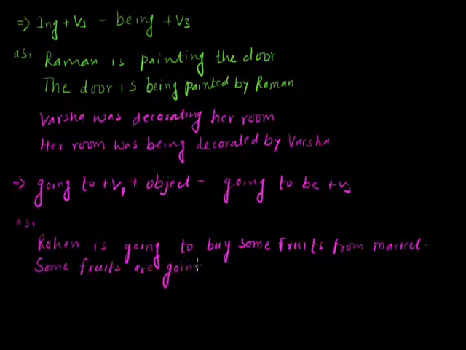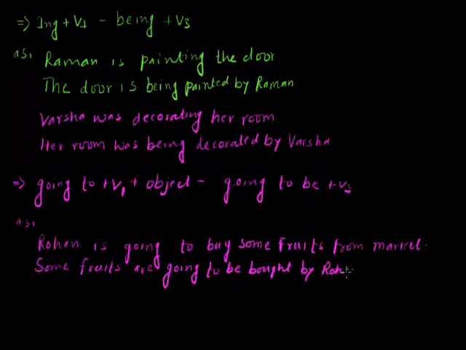We do not use being; if going to is given in the sentence, then be will be added after going to, then the third form bought of the first form of the verb buy will be used, then by, then the doer of the action, that is Rohan, and then the remaining sentence, from the market. So the sentence will be: some fruits are going to be bought by Rohan from the market. Clear? Let's see some more examples.